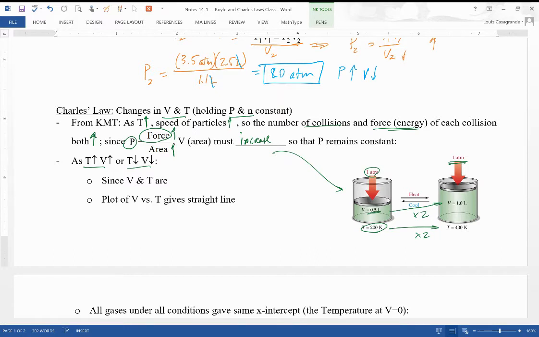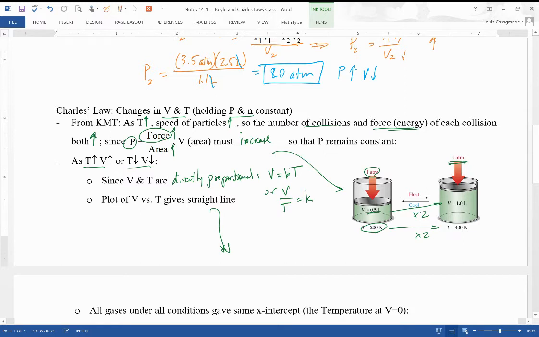Since volume and temperature are directly proportional, this is a direct proportion, we can write that the volume is equal to some K times T. This is a different K now, but it's some K times T, or that the volume divided by the temperature is equal to K. And that's going to give us a straight line plot, which we're going to see on the next curve.